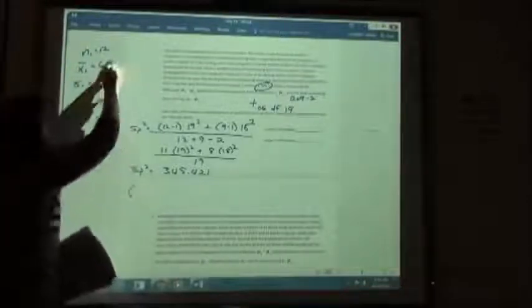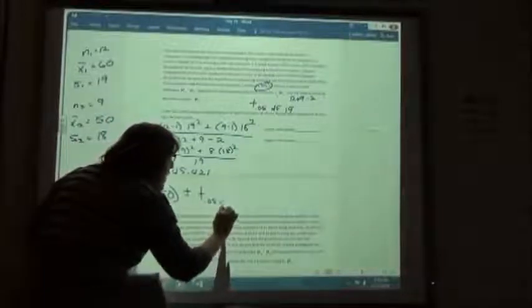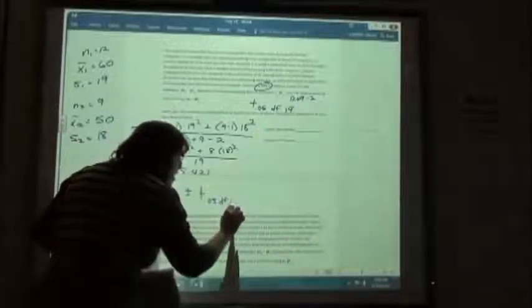On our confidence interval formula, we're going to start by subtracting our 2 mean values. So we're going to take 60 minus 50. Then we're going to have the plus or minus, and then we're going to do our t. So t sub 0.05 with a degree of freedom of 19 we already figured out.